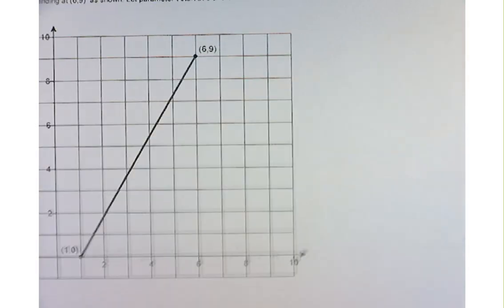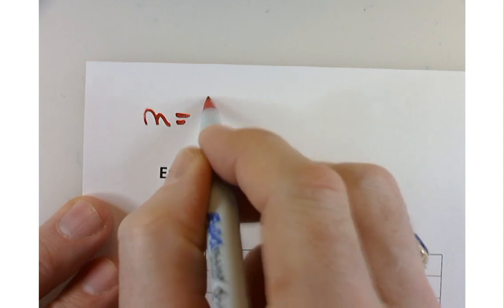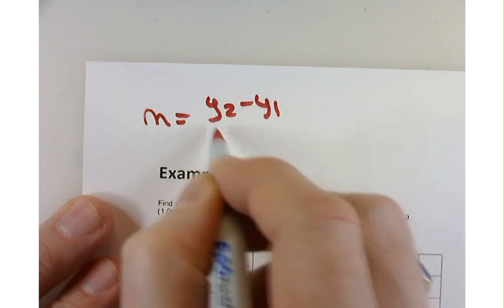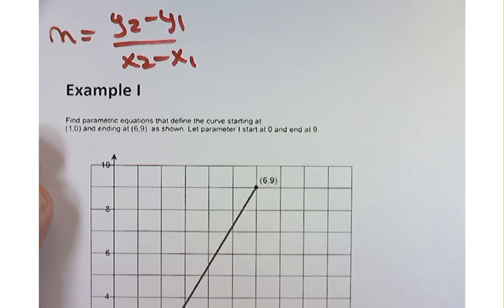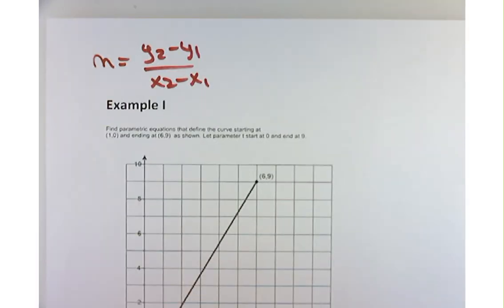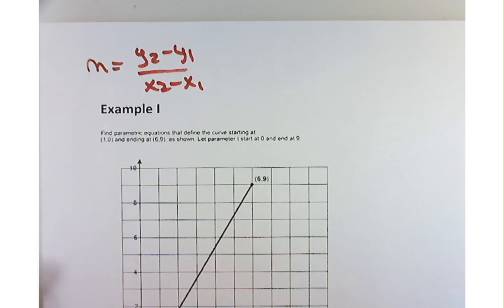All right, so let's use the 2 points given. Just a reminder, the slope is y2 minus y1 over x2 minus x1. Say again? It's 9 over 5. 9 over 5?